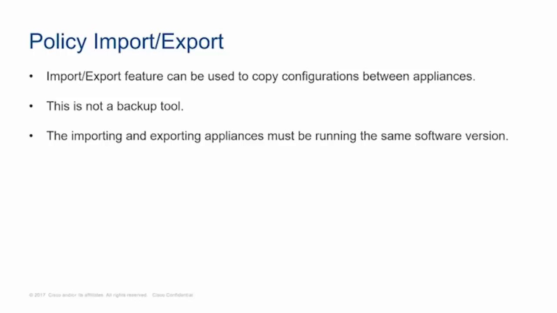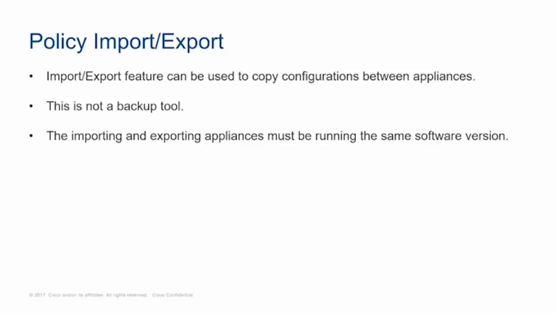To maintain consistency in configuration, you can use this option: configure information on one of the devices, then export the policies and import them on the peer ASA SFR, so that we maintain consistency in the policy. This cannot be used as a backup tool because it does not take all the information, but only information that's specific to that configuration.